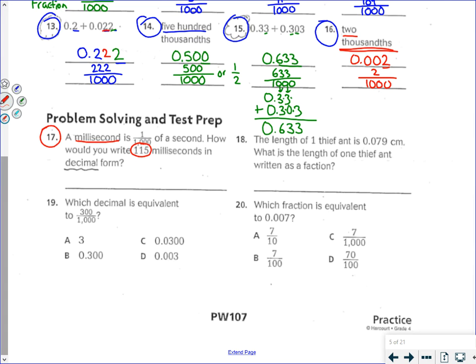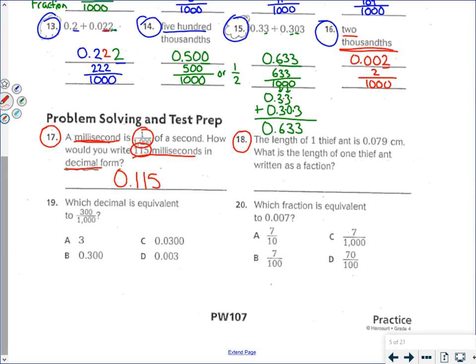It's still the same thing, right? 0.115, just like that. Because we have 115 milliseconds, and 1 millisecond is a thousandth. You guys try this one on your own.